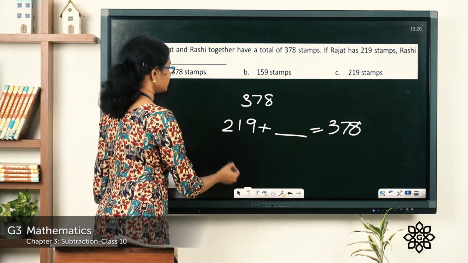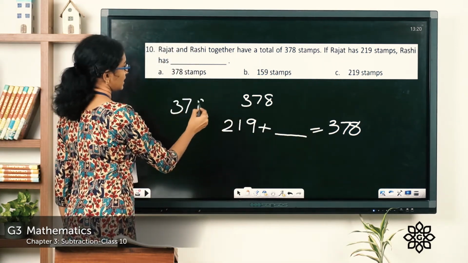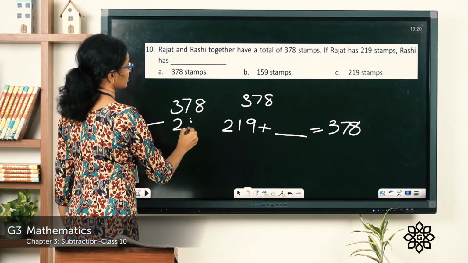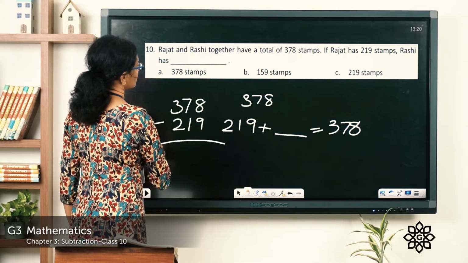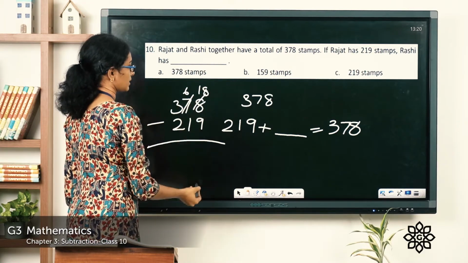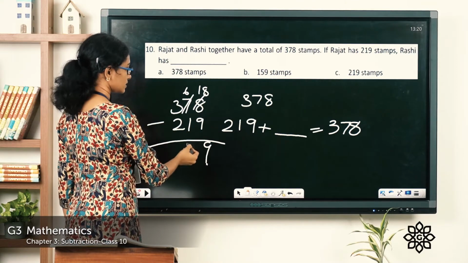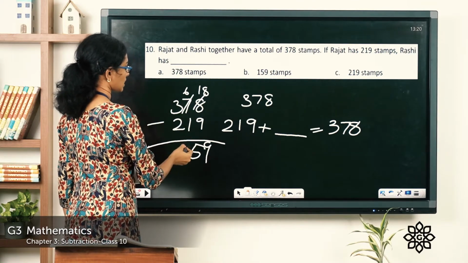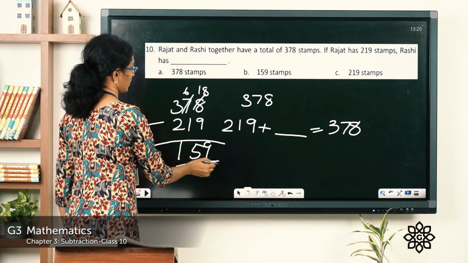Let's do the subtraction. This 378 minus 219. So, we borrow and regroup. So, 18 minus 9, it is 9. 6 minus 1, it is 5. And 3 minus 2, it is 1.